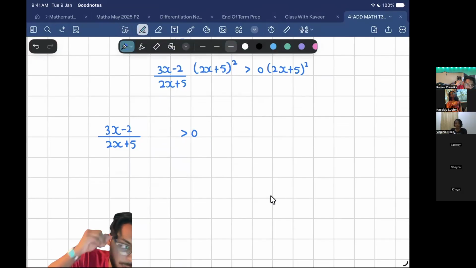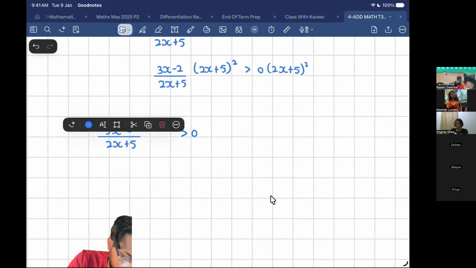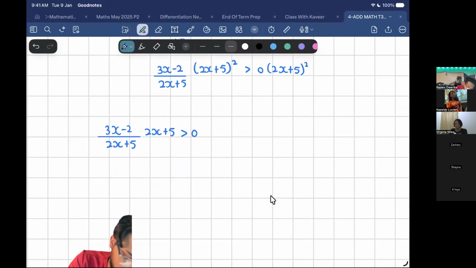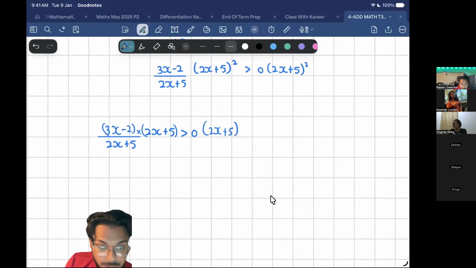I'm not judging you. I just want you to think about it. You wouldn't end up with a quadratic. Let me explain why. If I multiply both sides by 2x + 5 alone, the 2x + 5 here and the 2x + 5 would completely cancel off.